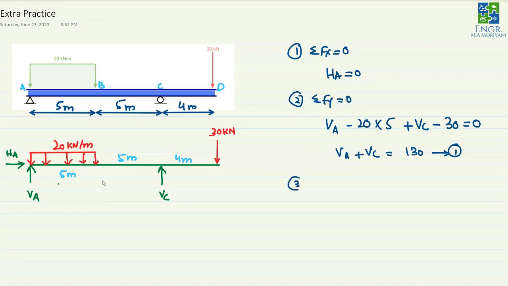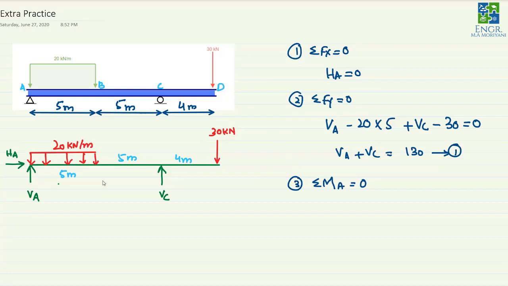Now applying the third condition of equilibrium, which is that the sum of all moments about any point equals 0, in this case we are taking point A as the point about which we find the moment. We have to find the moment of all these forces about point A. Because HA and VA both act at point A, they will not generate any moment at A, but the 20 kilonewton per meter load will.